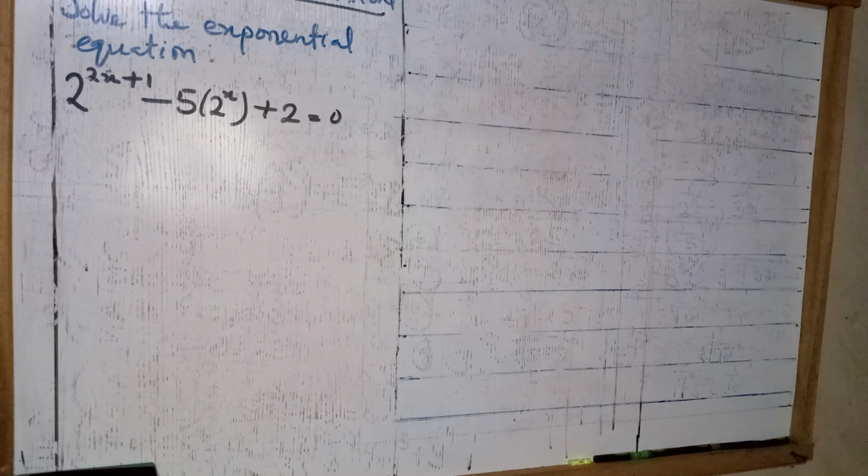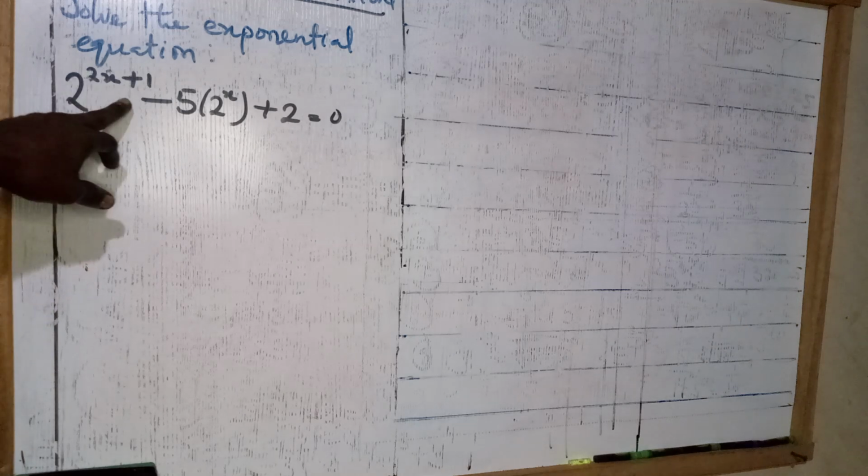Okay, in this exercise we are given 2 raised to the power 2x plus 1 minus 5 into bracket 2 raised to the power x, plus 2 equals to 0. Now just like we have done in the previous exercise, we are going to do the same thing here by breaking down this 2 raised to the power 2x plus 1.